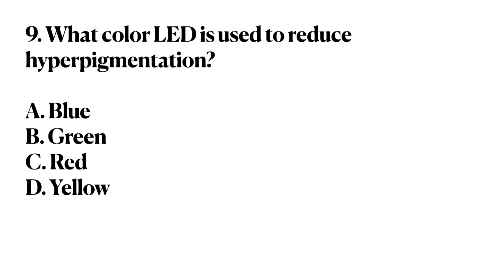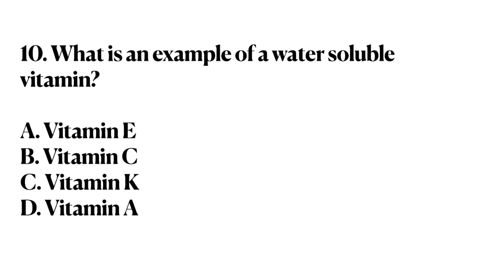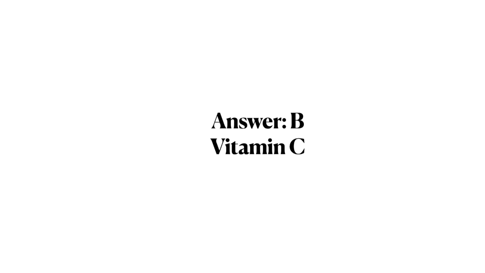D. Yellow. Answer B. Green. Question number 10. What is an example of a water-soluble vitamin? A. Vitamin E. B. Vitamin C. C. Vitamin K. D. Vitamin A. Answer B. Vitamin C.